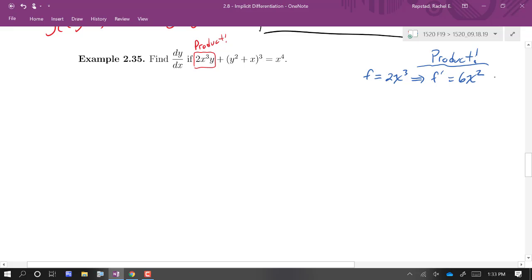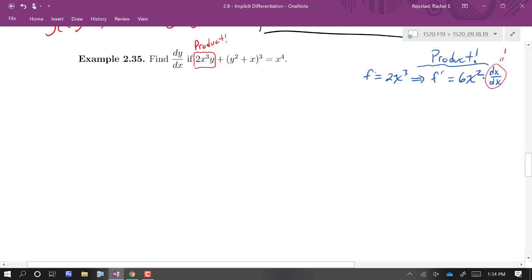Times dx dx, or times 1. It's okay if we don't write out the dx dx. It's just equal to 1, and most of the time, if you see people writing out solutions to this, they'll probably leave that out. So that's really up to you.